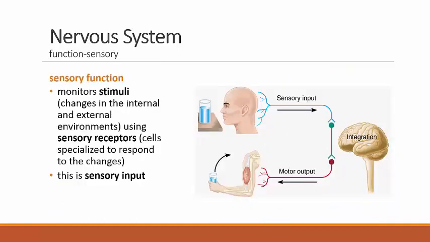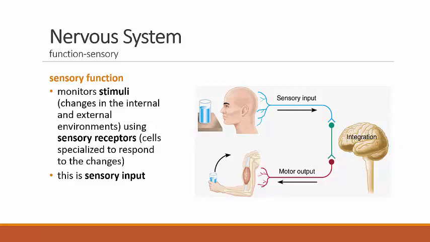So let's look first at the sensory function. That sensory function is all about monitoring changes in the internal and external environment. We talk about those changes as stimuli or stimulus. Stimulus is singular, stimuli is plural. And we do this monitoring using structures that are talked about as sensory receptors.